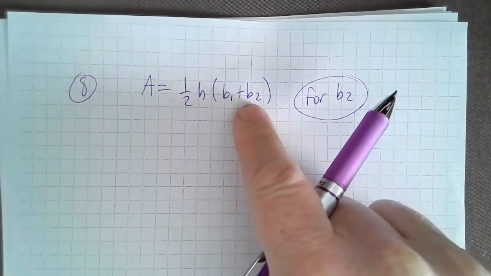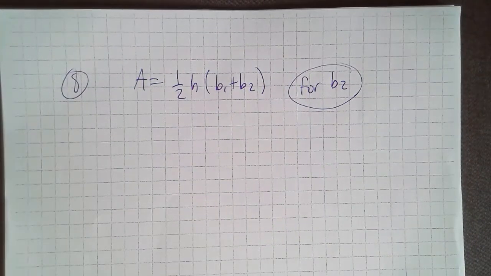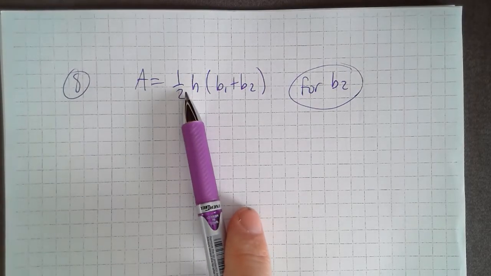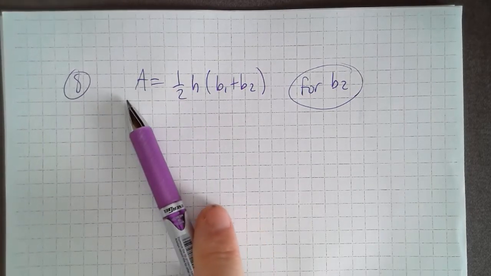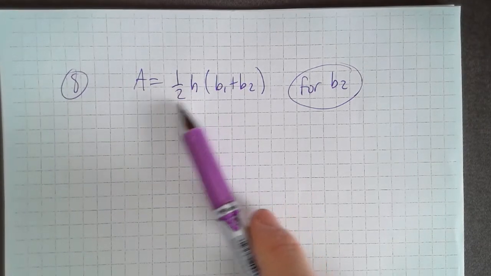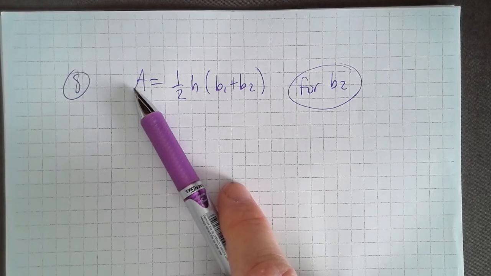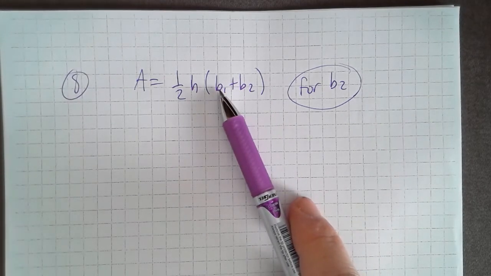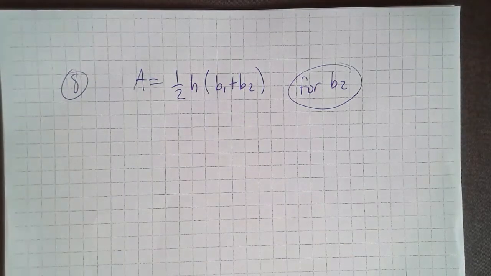So you want to get b2 by itself. All right. So you're going to take care of the half here. I'm going to multiply the 2 over. And then I don't necessarily want to distribute here. I want to go ahead and divide that h over. And then I can move the b over. So give that a try, and then let's go through it together and see what happens.